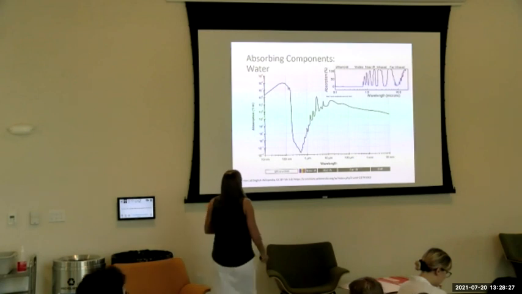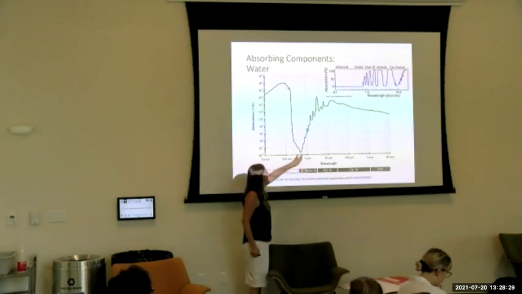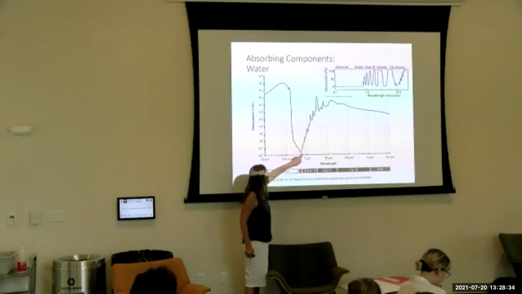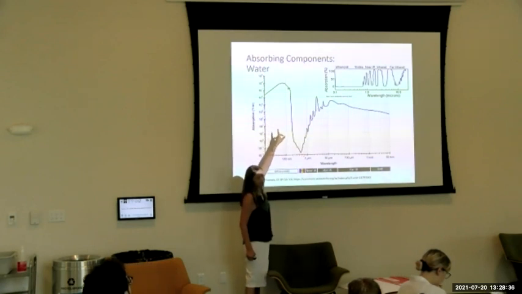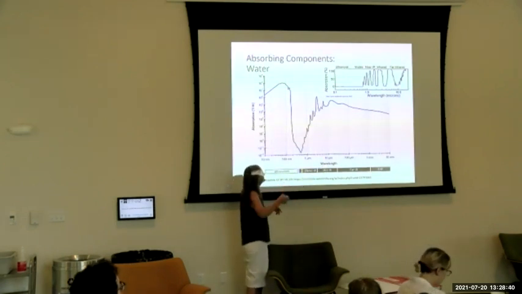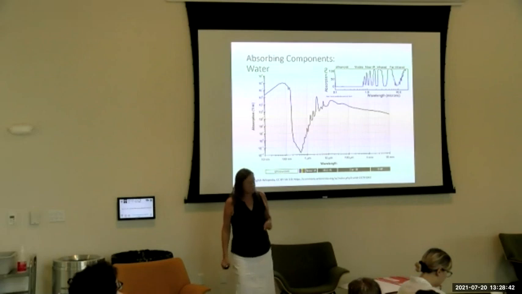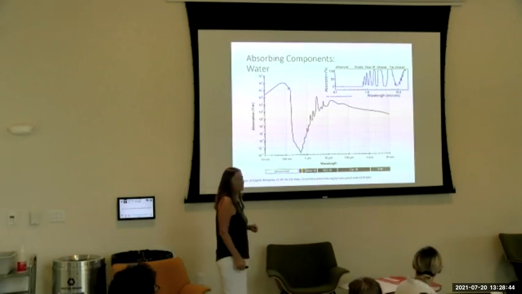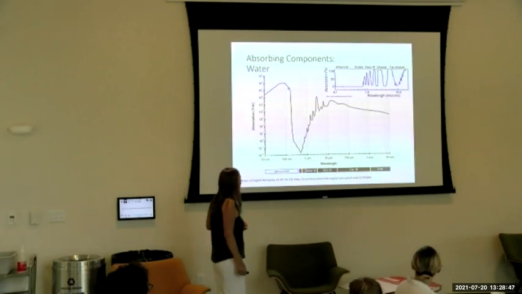We are in the visible, we're here. So we're at the minimum of absorption. It absorbs really strongly in the UV. It absorbs very strongly in the infrared, and it's got all these really nice harmonics in its absorption. For such a small molecule, it really is astounding. I get astounded by it more all the time.